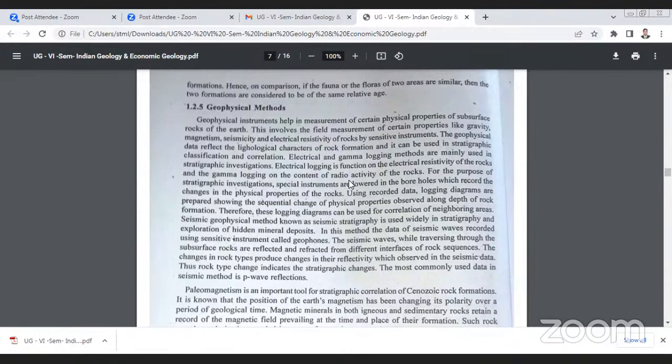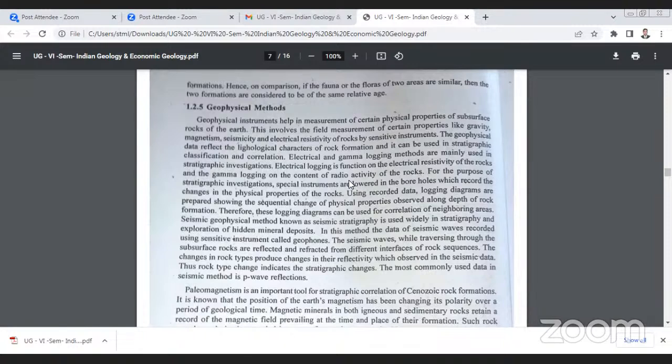The geophysical data can reflect the lithological characters of the rock formations, and can be used for stratigraphic classification and correlation. Electrical and gamma ray logging methods are also useful for stratigraphic investigation, and for correlation from one rock to another.